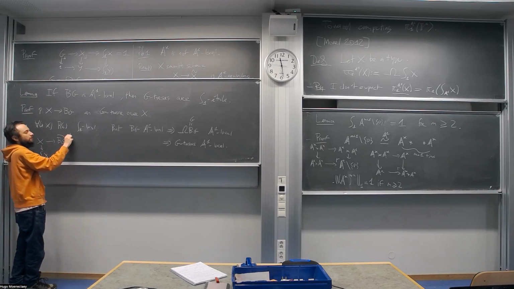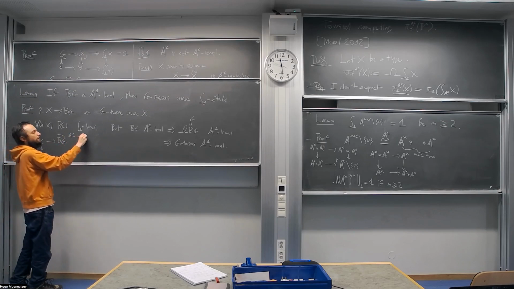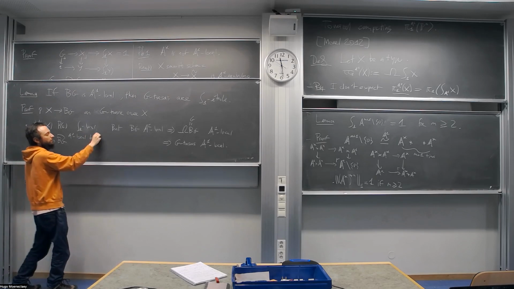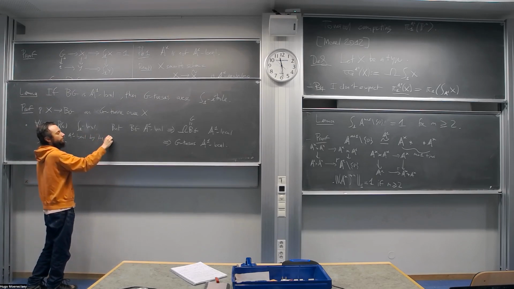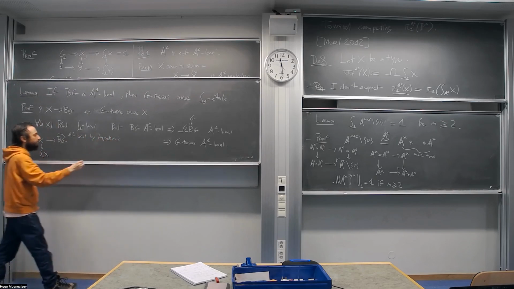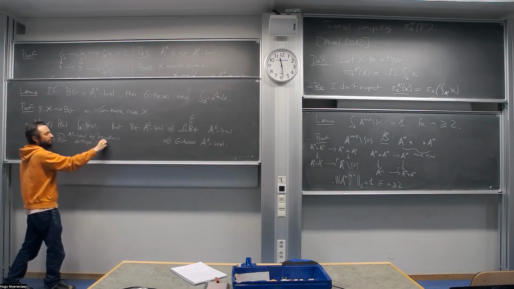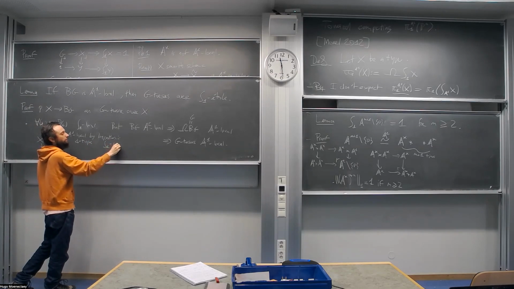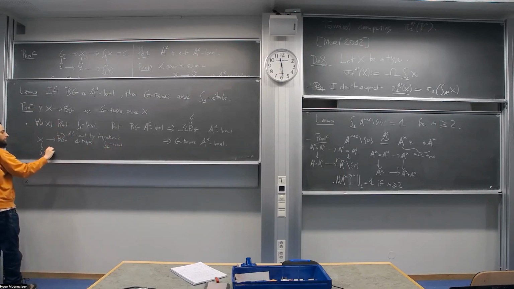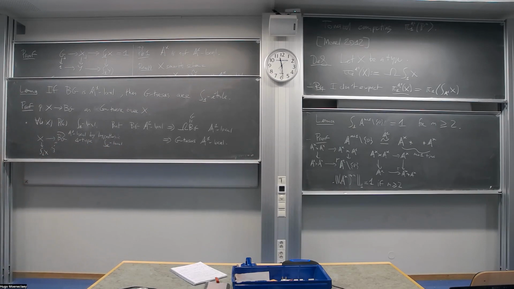But this is A1 local by hypothesis. And this is the 1 type, so it is shape 1 local by definition. And so we have a square like this, and we can conclude.